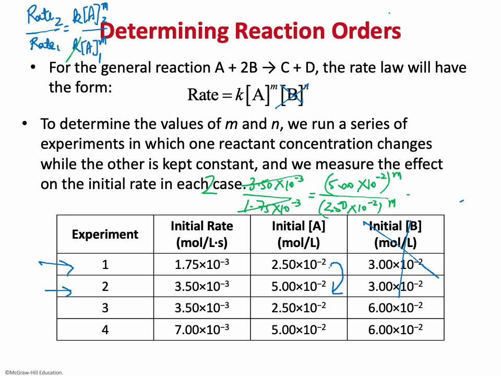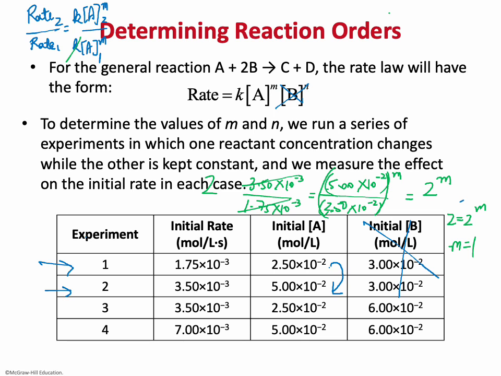On the right, 5 divided by 2.5 will also come out to be 2, to the power of M. When I put this over this M, I'm basically saying all of this to the power of M. Does that make sense? So I can say 2 is equal to 2 to the power of M. So what is M? 1. So you can use this approach as well. That was me solving for M.